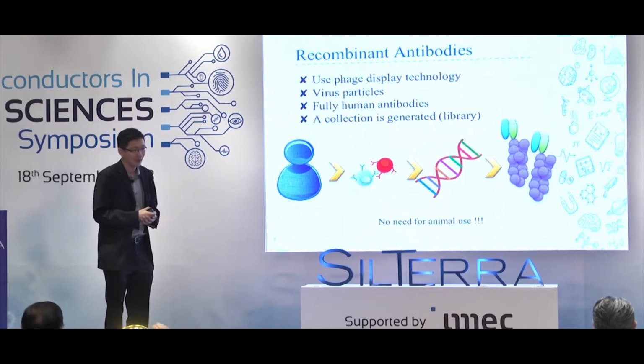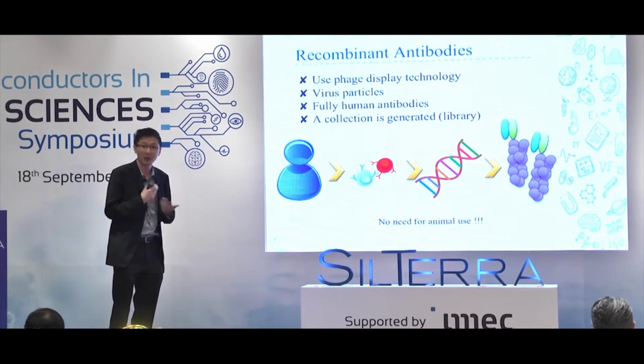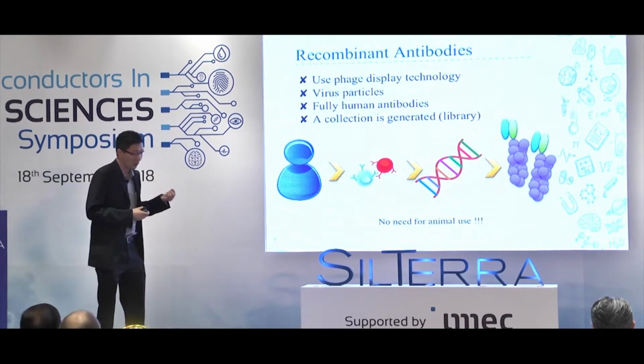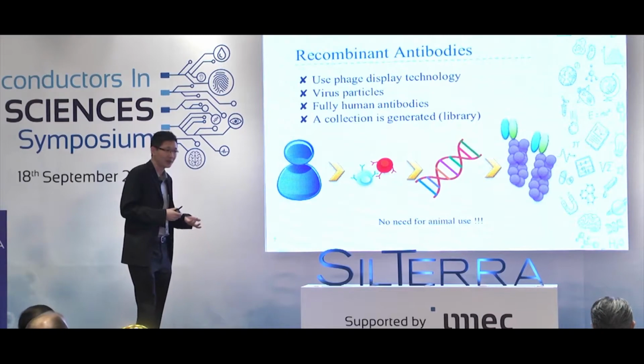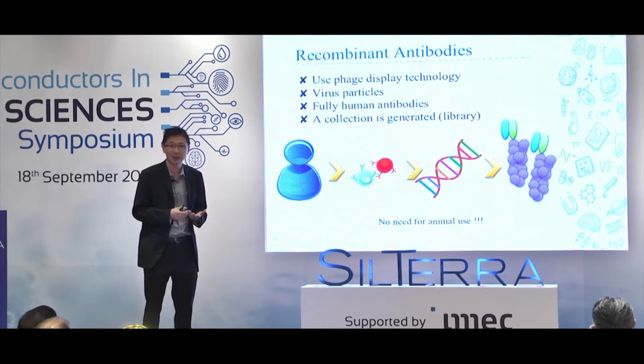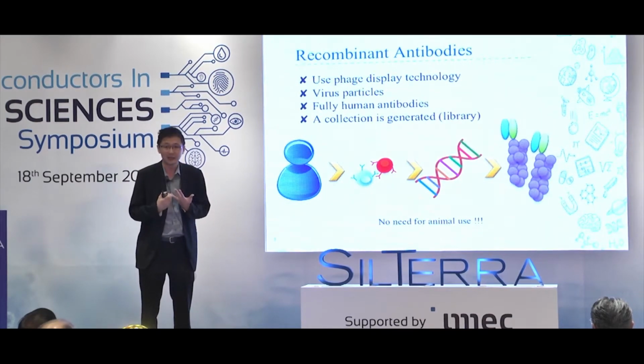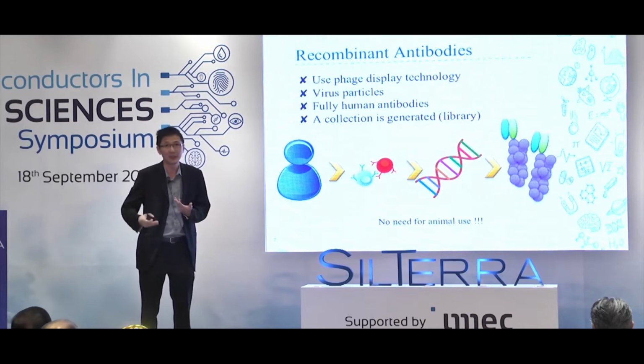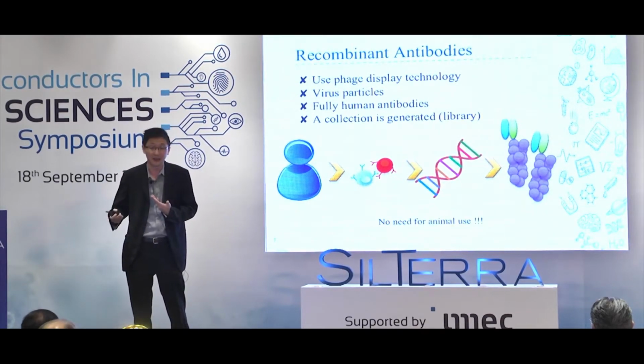We've collected blood from a lot of our local students to generate a collection of antibody libraries. We have developed so far several different types of antibody libraries, from healthy donors to infectious diseases. We have developed antibody libraries for TB, parasitic infections, and others.